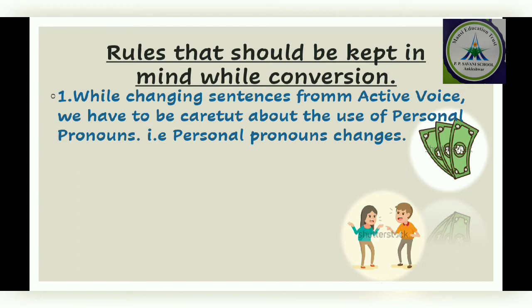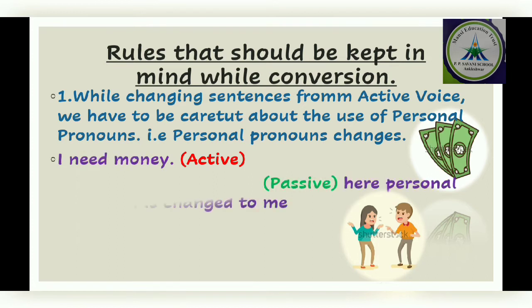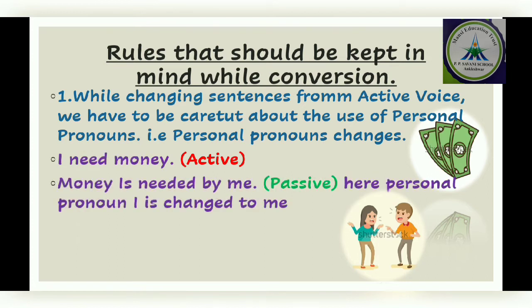When we are converting active voice to passive voice, we have to change the personal pronoun. For example, I need money. Okay, this is active and I is the personal pronoun here. But when we change it to passive, it will become money is needed by me. So here the pronoun I is changed to me.